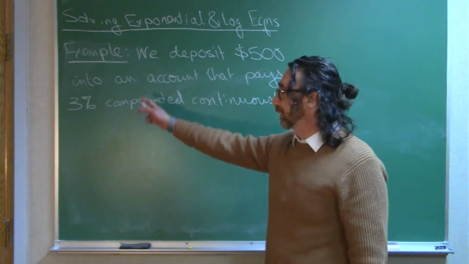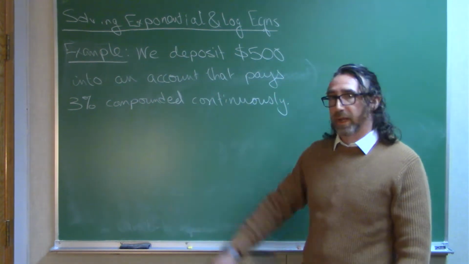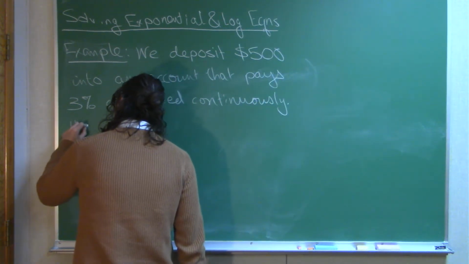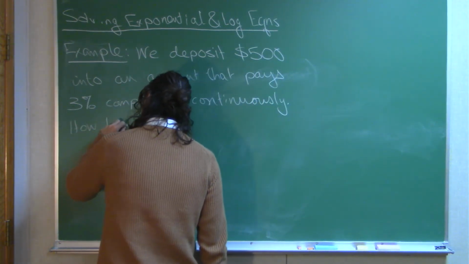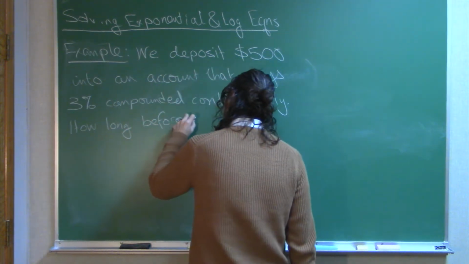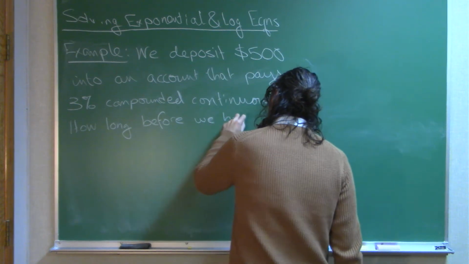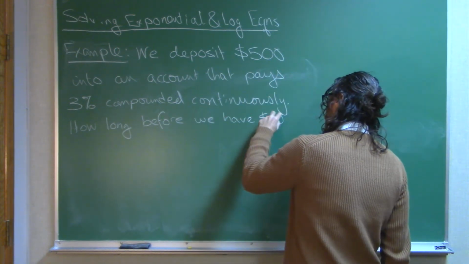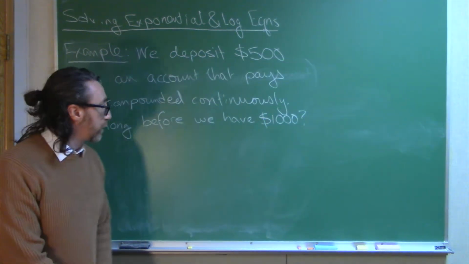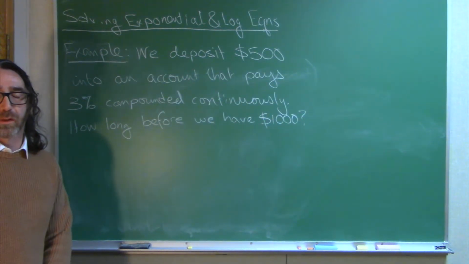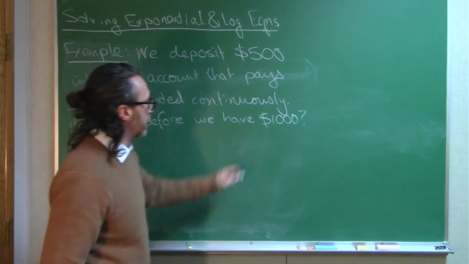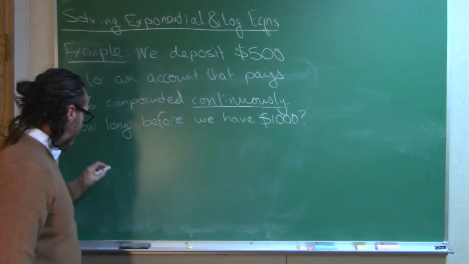Okay, so we deposit $500 into an account that pays 3% interest compounded continuously. How long before we have $1,000?